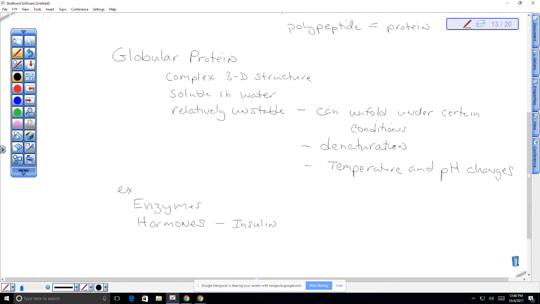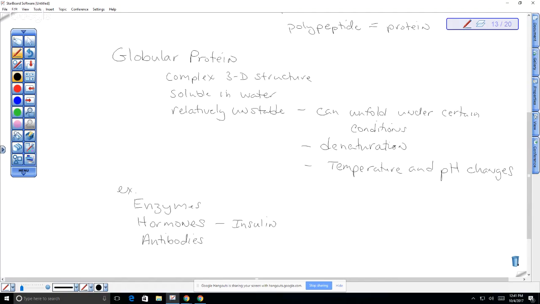They're transported in solution in the blood. Insulin is important because it helps regulate blood glucose. We also have antibodies, which have an immune function. Antibodies help protect us against infection. These are some examples of the globular proteins in our body.